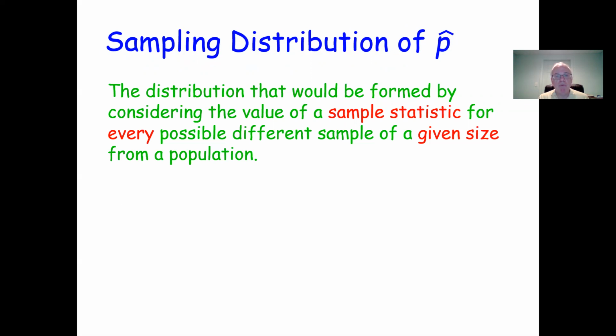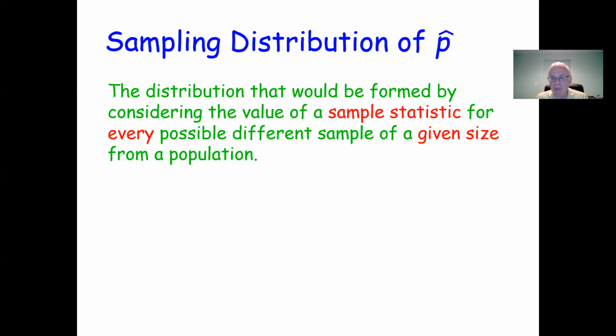The distribution that would be formed by considering the value of a sample statistic for every possible different sample of a given size from a population, we define that as a sampling distribution. But in this case, instead of looking at the sampling distribution of sample means, we're looking at the sampling distribution of sample proportions.